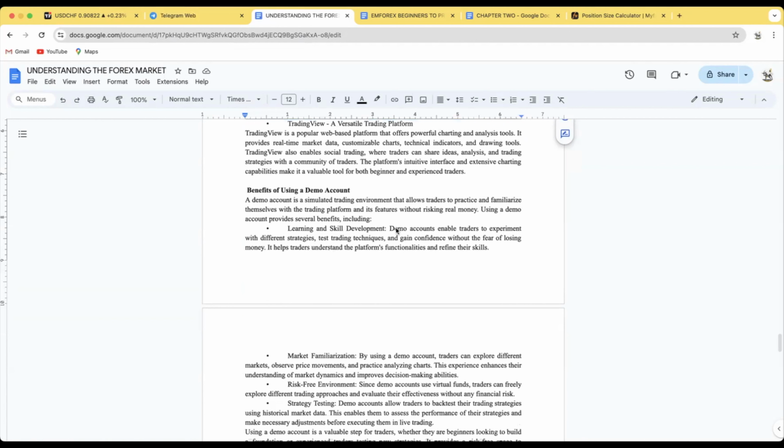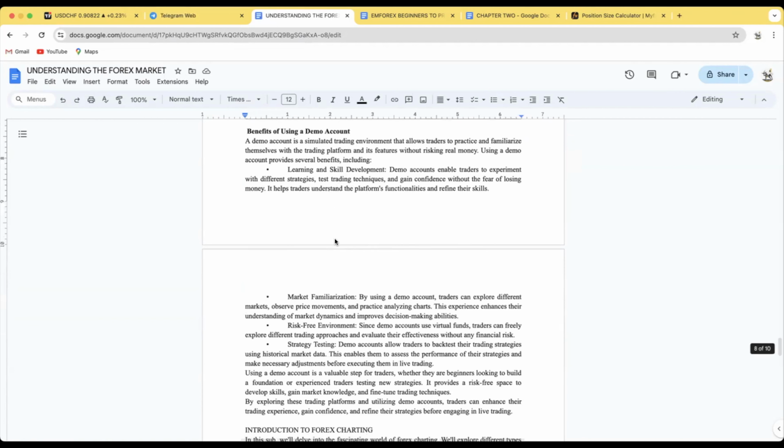Learning and skill development, all these things are done on a demo account. A demo account enables traders to experiment with different strategies, test trading techniques, and gain confidence without the fear of losing money. A demo account is not your money, it is paper money. So you test, then you familiarize yourself with the market conditions.